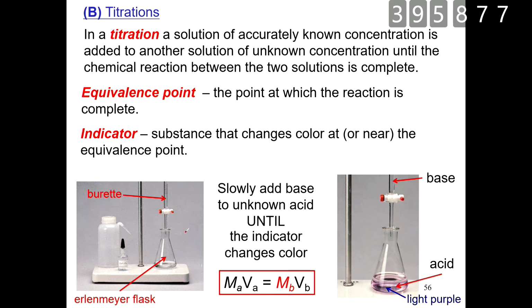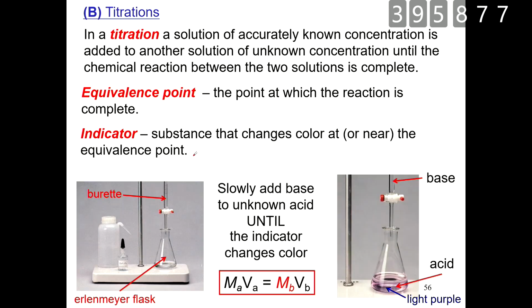For example, for acid and base, we can use an acid-base reaction to do the titration. Usually we need to add an indicator to the solution. When the reaction is complete, the color of the indicator will change from colorless to light purple. So this means the reaction is complete.